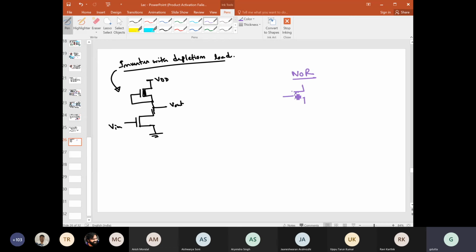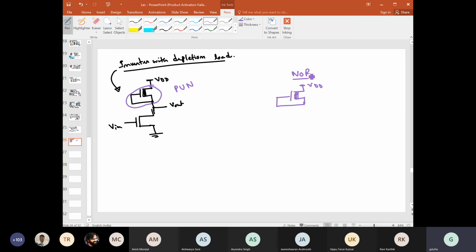Here there should be a gap, so I should provide that gap as well. This portion will be the same, because this is the pull up network, remember that. In the pull up network, no input has been connected, so the pull up network will be only one.